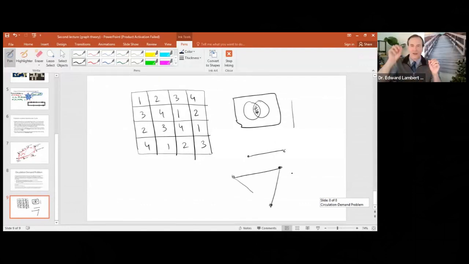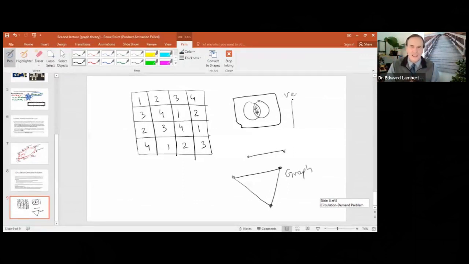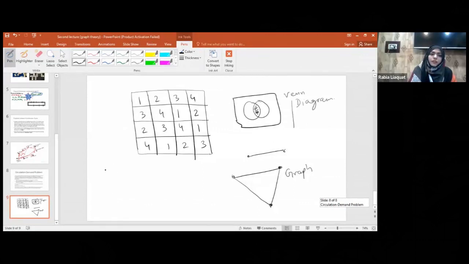Yes, this is a graph, kind of like a flow chart. It's like a flow chart.